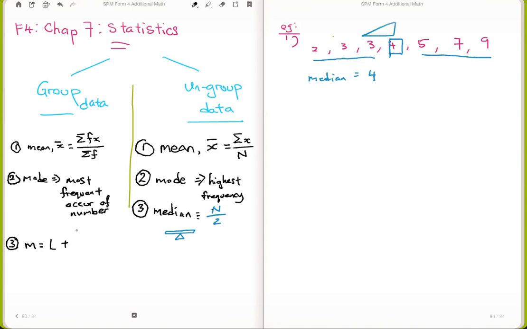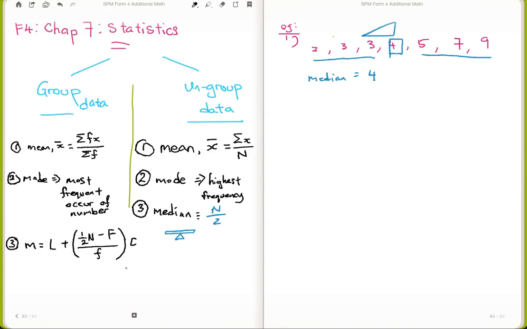Plus, open bracket, since it's median, so it's half n, subtract capital F, cumulative frequency before median, over the frequency of median class, small f, times the size of class, C.